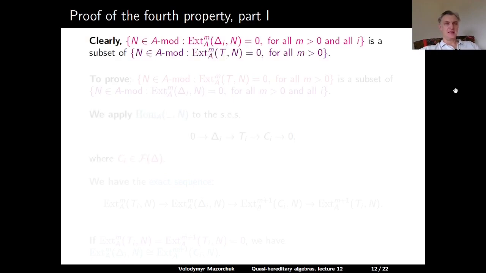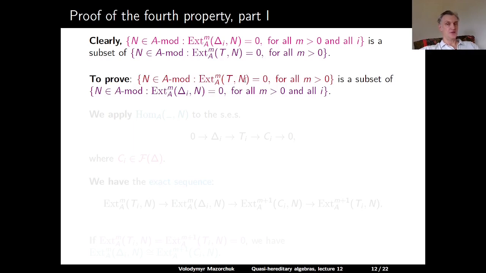First of all, let us note that if some A module N is such that all extensions of positive degree from all tilting modules into N vanish, this is because T has a delta filtration. So we know that the first category is just F(nabla), so in order to prove property 4, we need to prove the converse inclusion.